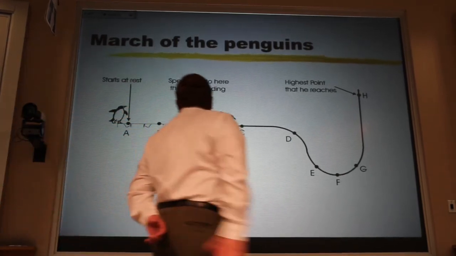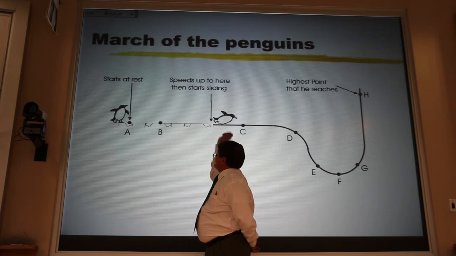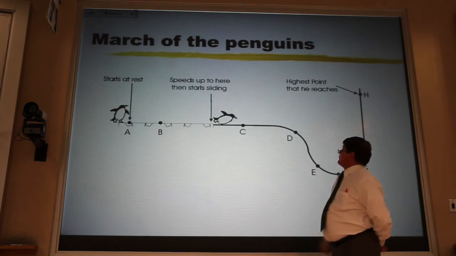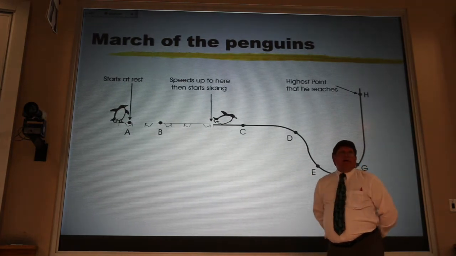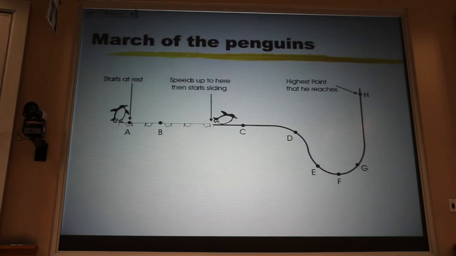In this problem, the penguin starts from rest at A, waddles just as fast as he can, speeding up until right here at the end of the platform, hits his belly here, we ignore friction, and we're asked to find the velocity and acceleration vectors at each of those points. Now I've placed a solution to this at the D2L site if you want to go back and review.